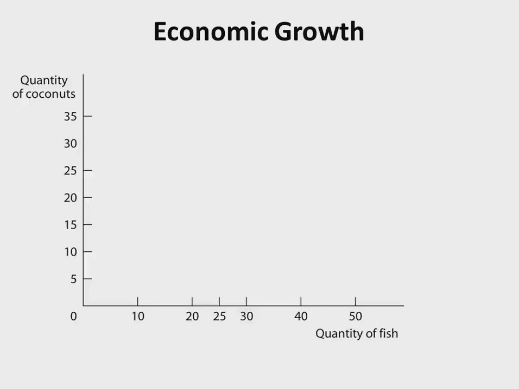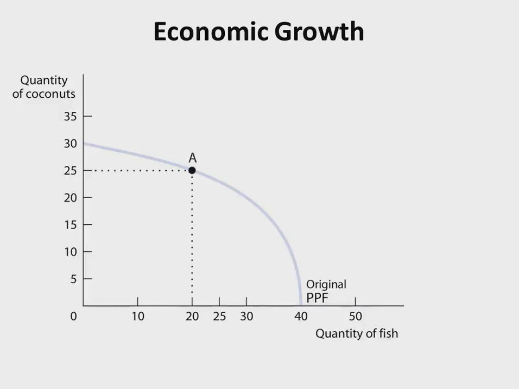Consider quantities of coconuts on the vertical axis and quantity of fish on the horizontal axis. With our production frontier drawn in that manner, where we have the intercepts of 30 on the vertical and 40 on the horizontal, the changes in technology, the improvement in institutional arrangements or the increment in resources will shift the production frontier out.